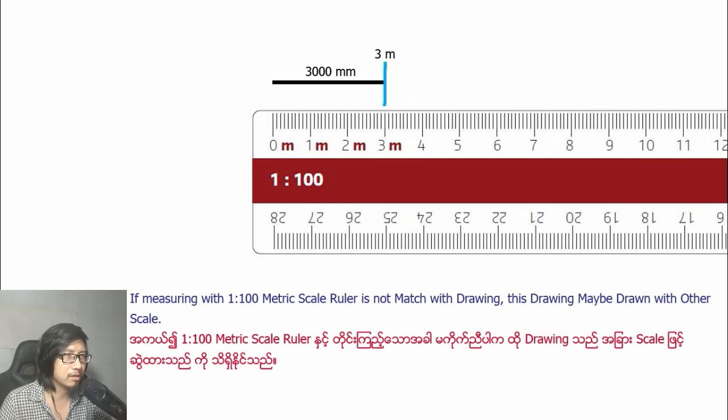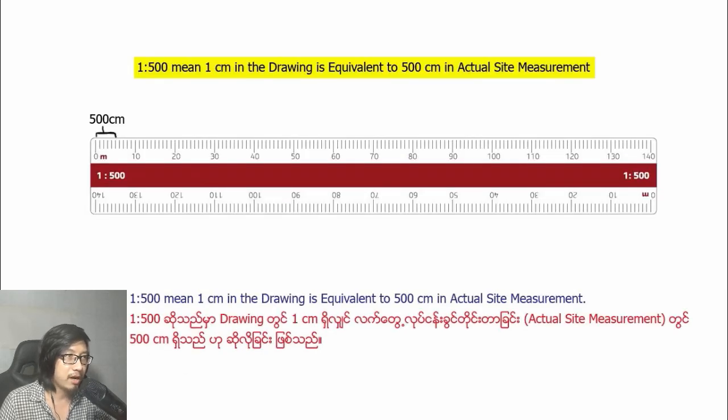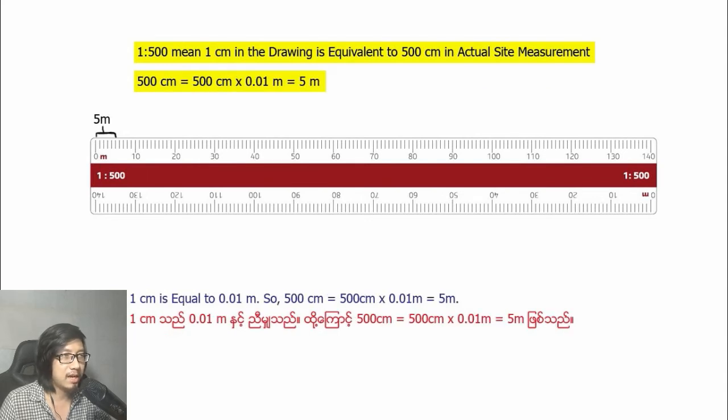1 to 500 means 1 centimeter in the drawing is equivalent to 500 centimeter in actual site measurement. 1 centimeter is equal to 0.01 meter. So 500 centimeter times 0.01 meter is equal to 5 meter.